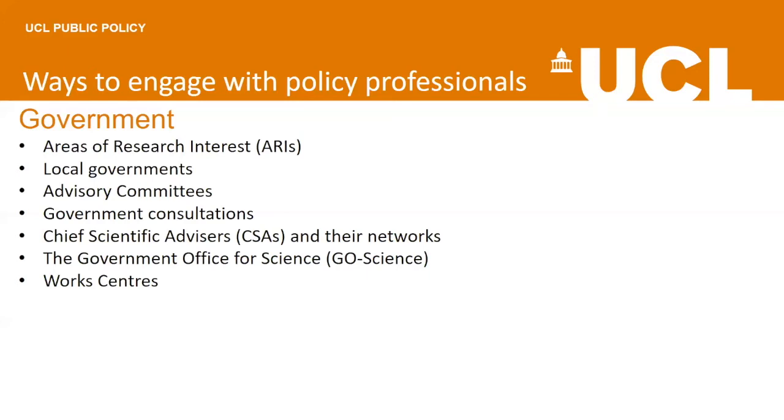So they feed into the work of the CSAs, and they're seen as a research synthesis hub across government. And it is Go Science that develops the areas of research interest. So if you have questions about the areas of research interest, you should contact advisors from Go Science.